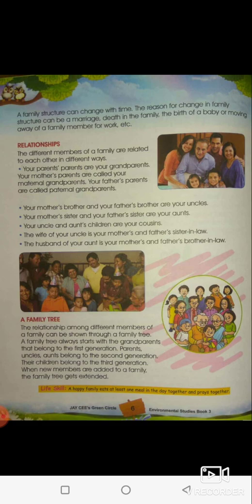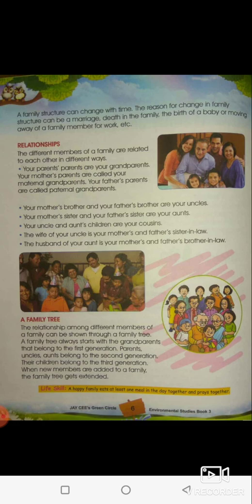Your parents' parents are your grandparents. Okay, you call them grandparents. Your mother's parents are also called your maternal grandparents. So from mother's side, whoever comes, like your mother's brother would be called maternal uncle, your mother's parents would be called maternal grandparents.